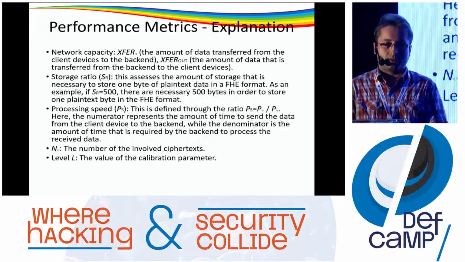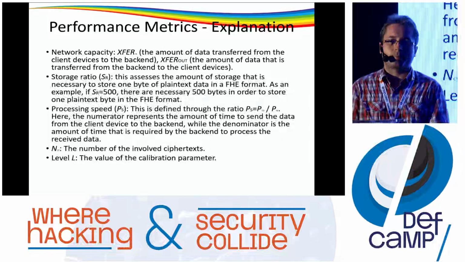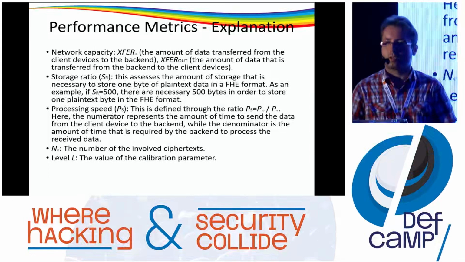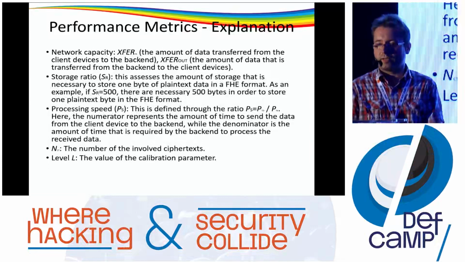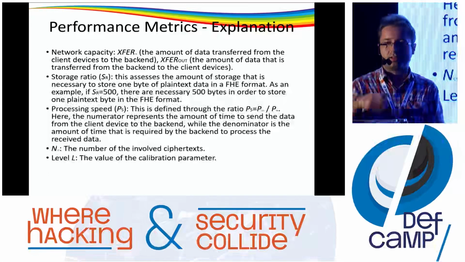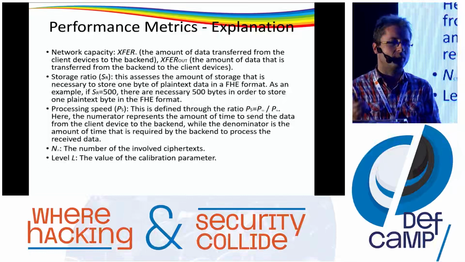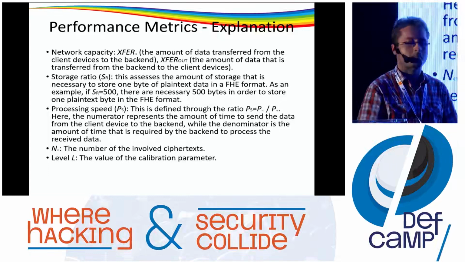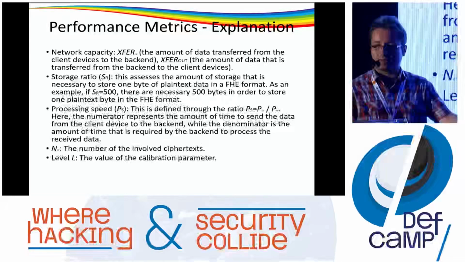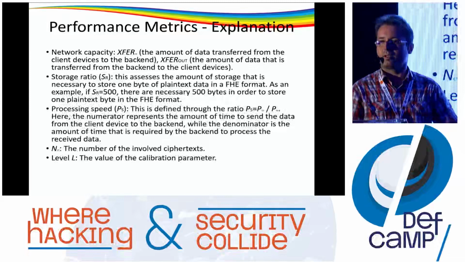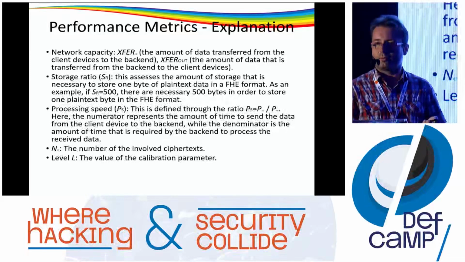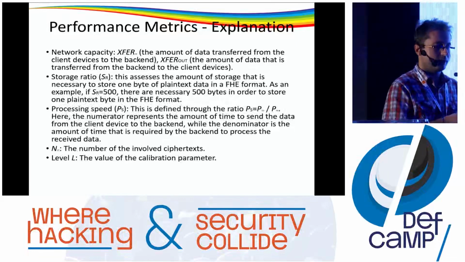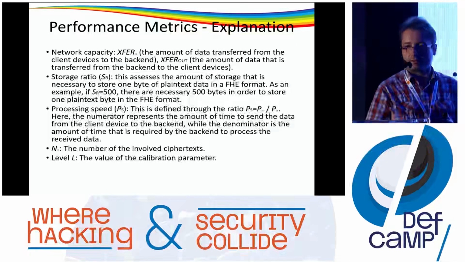Performance metrics that we considered. The first one is the amount of the data that is sent over to the backend and the amount of the data that the backend sends over to the client devices. This XFER thing is a jargon from the networking scope, which basically means transfer.